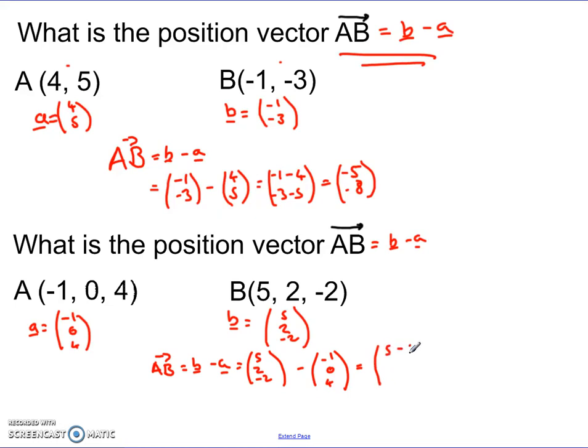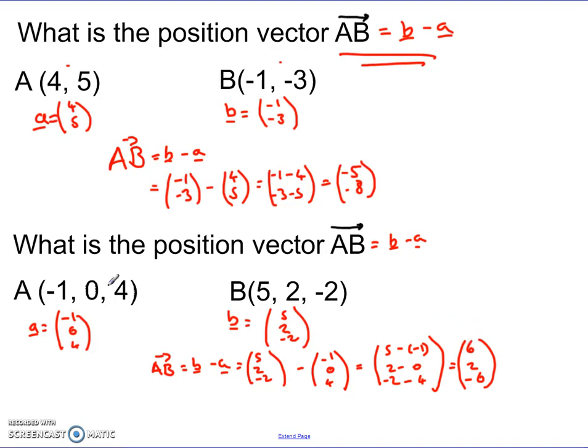So I've got 5 take away negative 1, 2 take away 0, and negative 2 take away 4. So 5 minus minus 1 gives me 6, 2 minus 0 gives me 2, negative 2 take away 4 gives me negative 6. So that there is my vector from A to B.